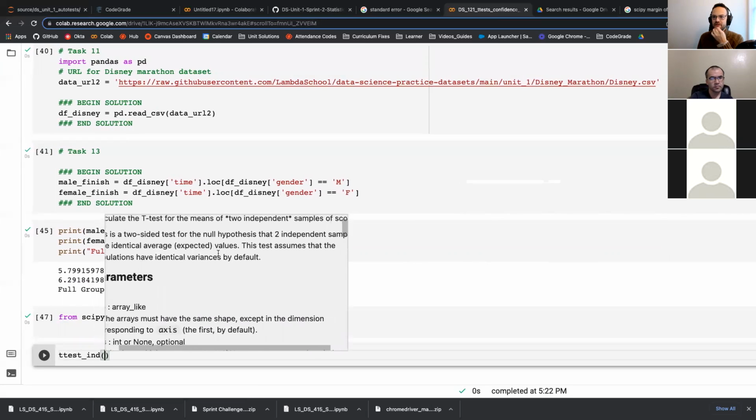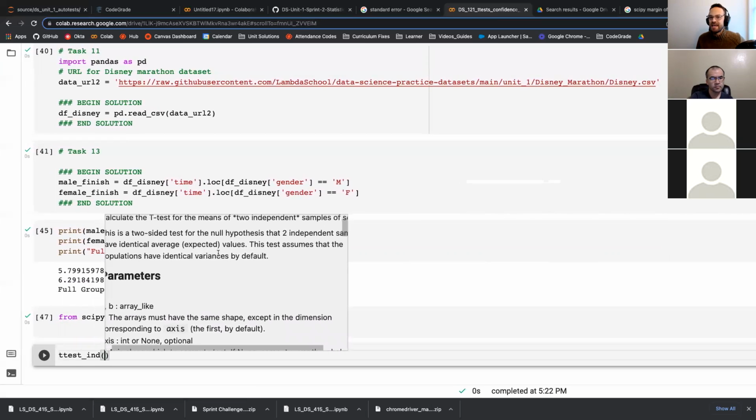The null hypothesis is that they have the same expected average. Because if they were from the same population, according to the central limit theorem, since these are two samples independently taken from the same population, we can expect them to have the same mean.